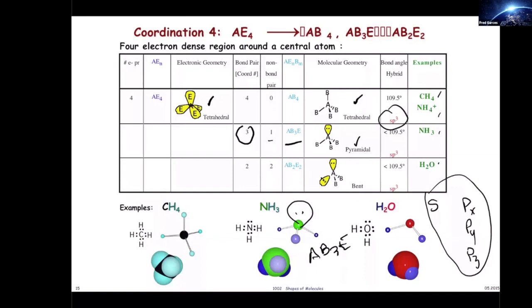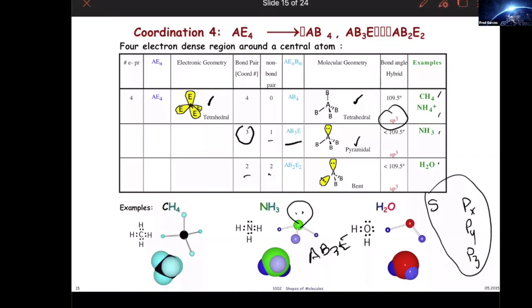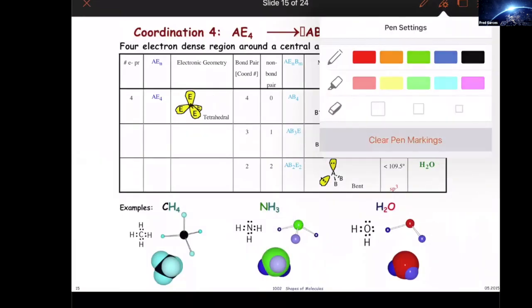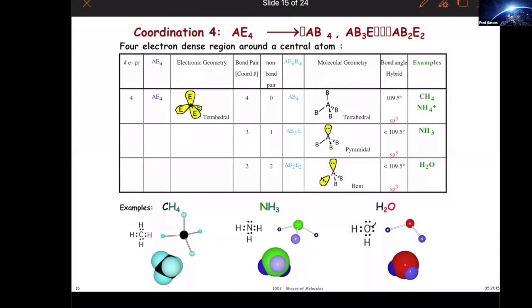If you've got 4 electron domains or 4 regions of electron density and 2 of them are bonded atoms, then what you have is the following. You have 1, 2, 3, 4. This thing looks bent, as you can see from this diagram, and that's because these pairs of electron density that you don't see are causing those bonds between the hydrogen and oxygen to be as far apart from the lone pair as possible.